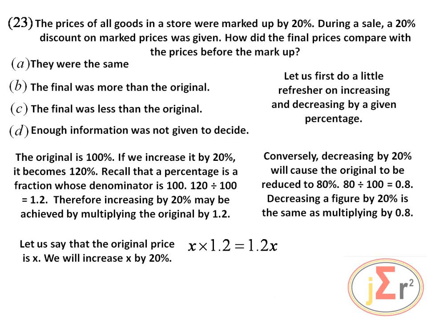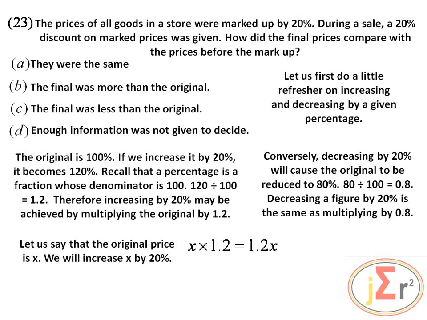Do not forget, increasing by 20% will cause the original to be increased to 120%. 120 divided by 100. That is what 120% is. 120 divided by 100 is going to give us 1.2. So increasing x by 20% is the same as multiplying x by 1.2.